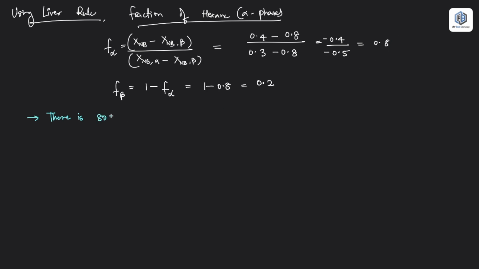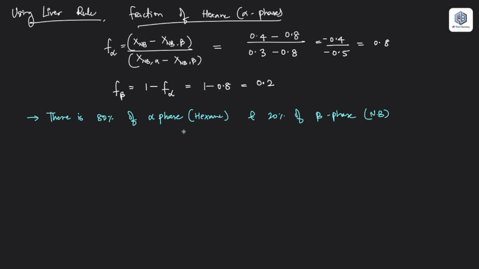So there is 80% of alpha phase, which is hexane, and 20% of beta phase, which is nitrobenzene. If you are confused how I got 80%, just multiply this with 100 and you get the percentage. So if you multiply 0.8 with 100, you will get 80, and similarly 0.2 with 100, you will get 20. So you have 80% alpha phase and 20% beta phase, right?